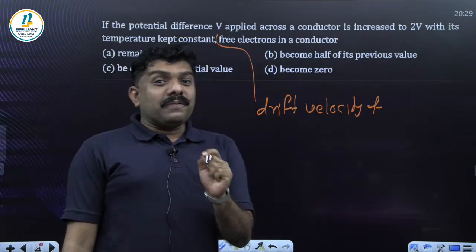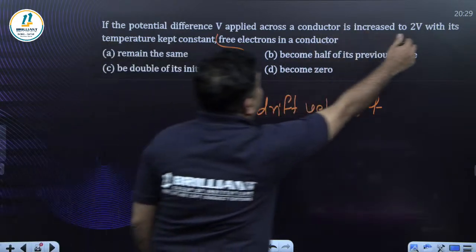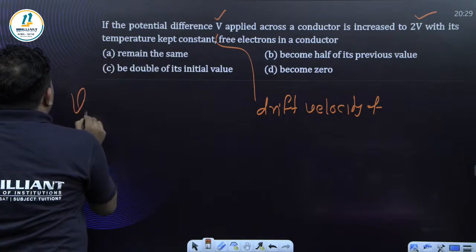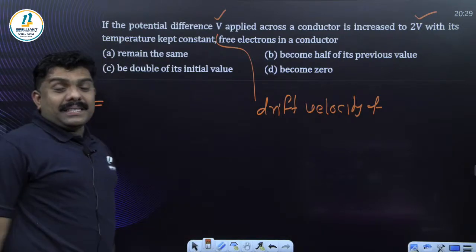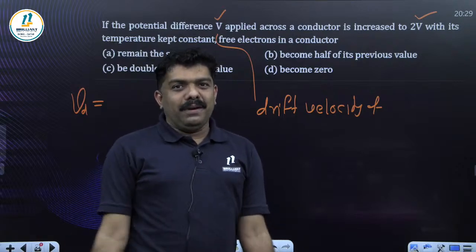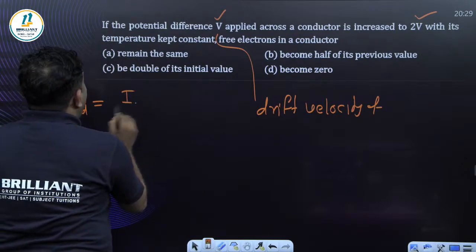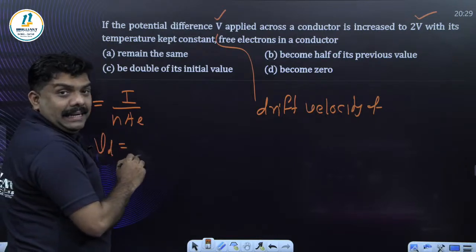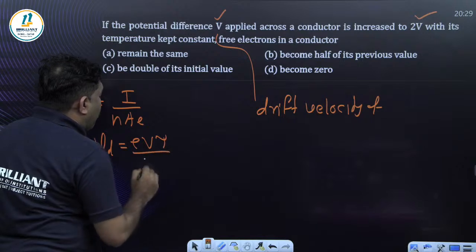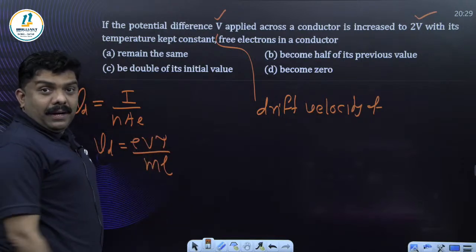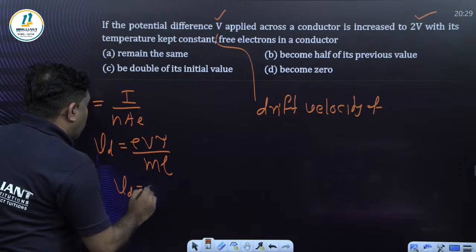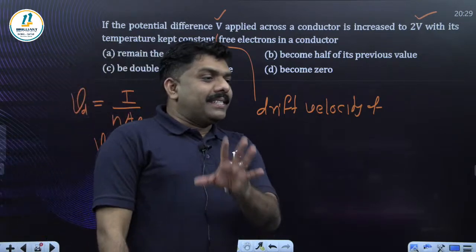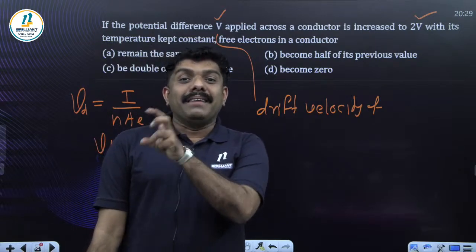Dear students, in order to find the drift velocity, a constant potential voltage is given. We studied three formulas for drift velocity: I by NAe, then VD equal to eV tau by ml, and the basic formula VD is equal to eE tau by m. These three formulas are for three cases.